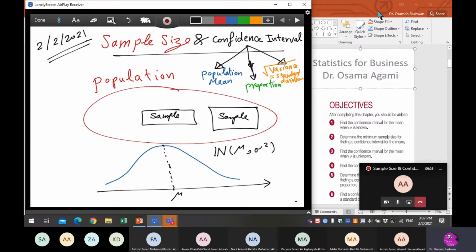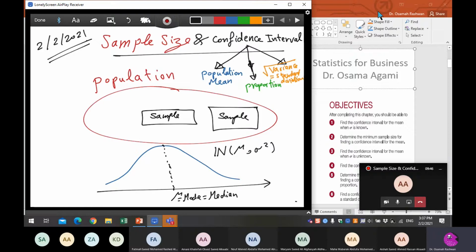Because if you have the mean and also the mode and also the median all in the middle, it means they are equal. It means your distribution is symmetric.